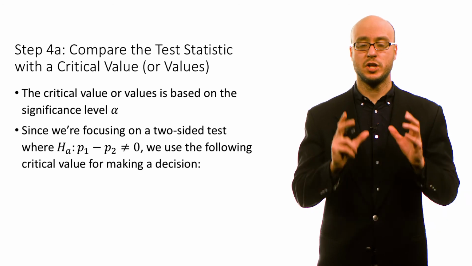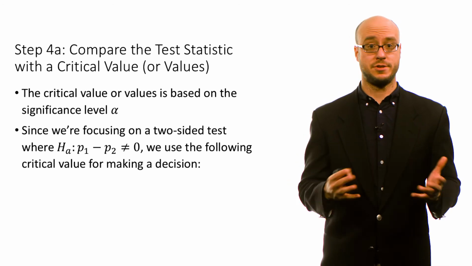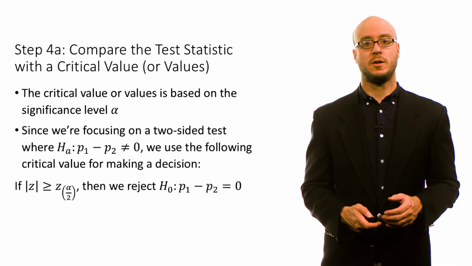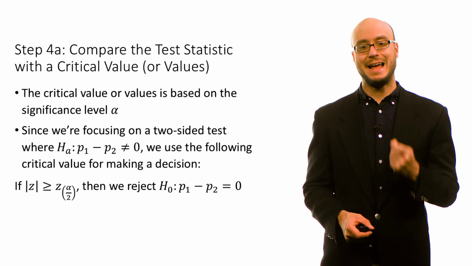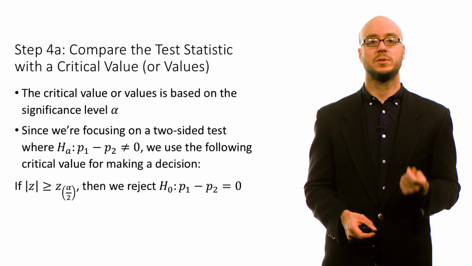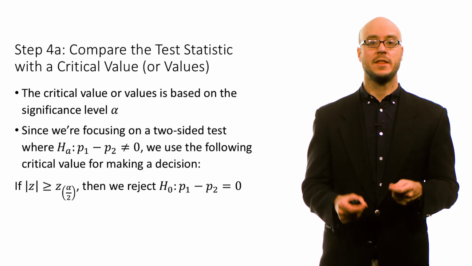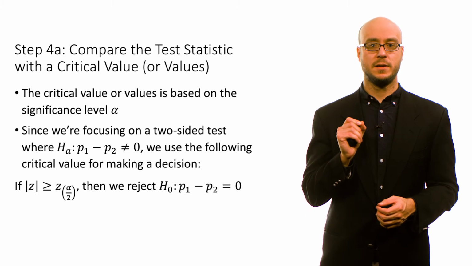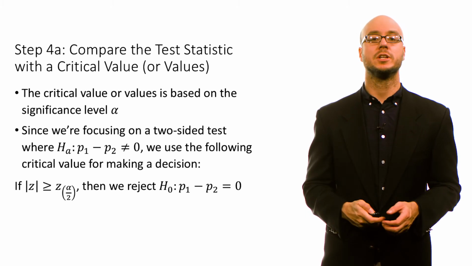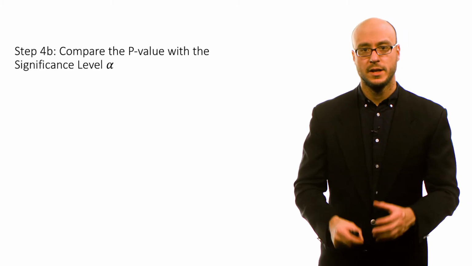The point is that the alternative is that they're just different. So we're going to use the following critical value for making a decision. If the z-test statistic in absolute value is greater than or equal to z alpha divided by 2, then we're going to reject the null that the difference in proportions in the population equals 0.